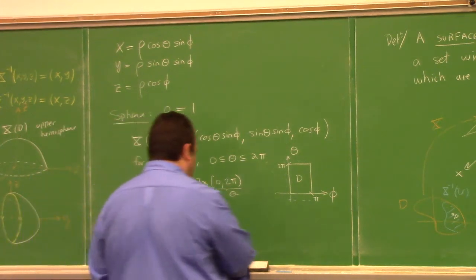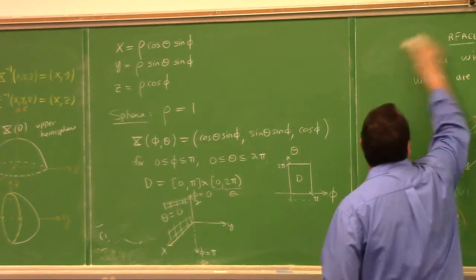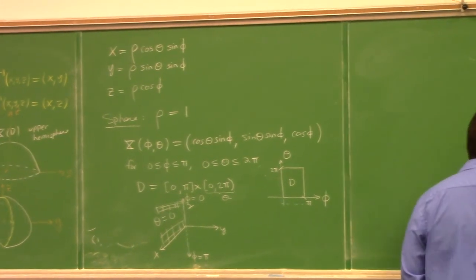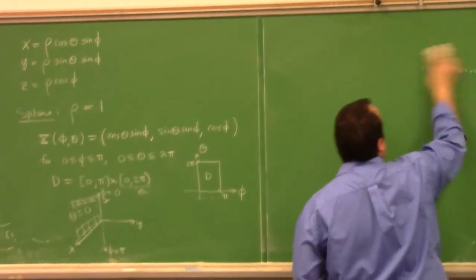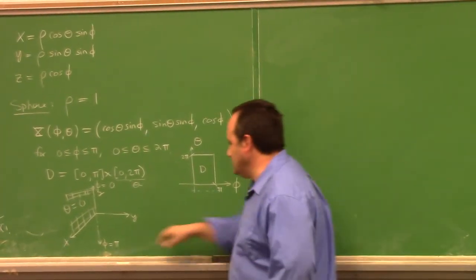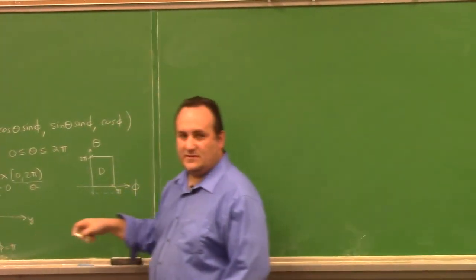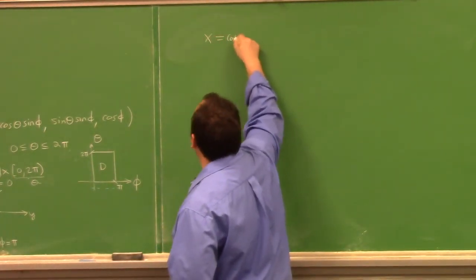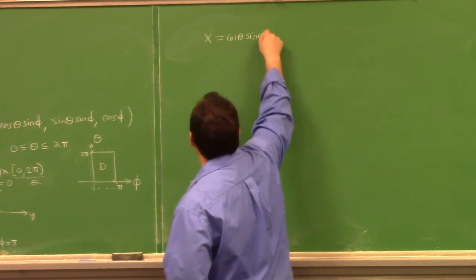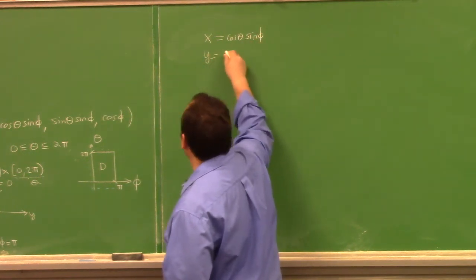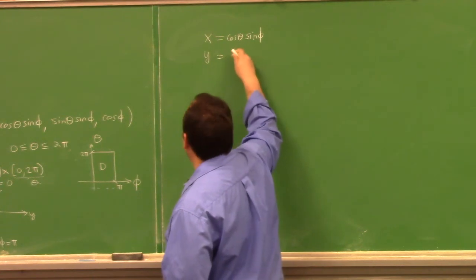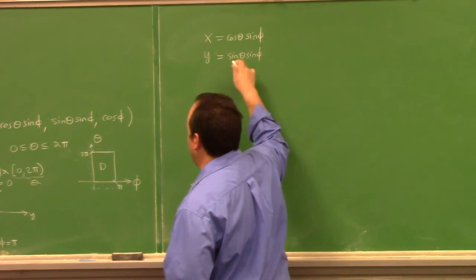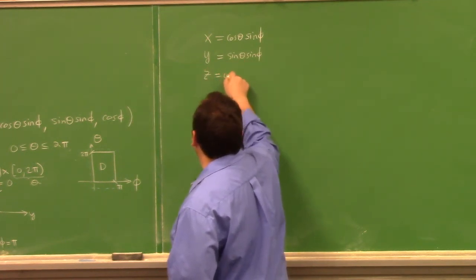I don't know. Let's work it out. This one's going to sting a little. We have x equals cosine theta sine phi, y equals sine theta sine phi, z equals cosine phi.